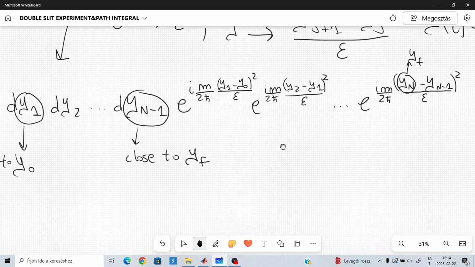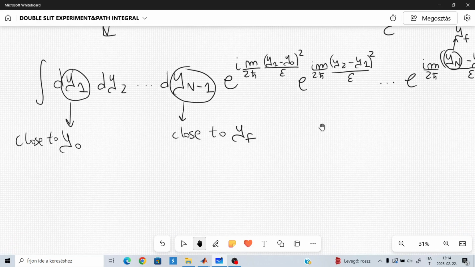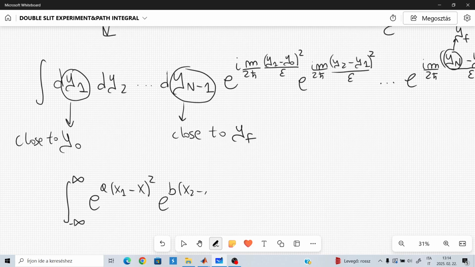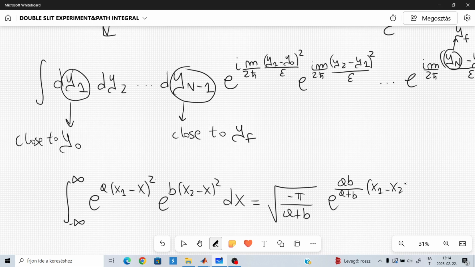Now we can carry out these integrations, but in order to do that, let me introduce just one formula. I will not prove it here, it is quite straightforward to prove, but I will take this for granted. So the integral from minus infinity to plus infinity of the product of two Gaussian terms of the following kind, e to the a x1 minus x squared, e to the b x2 minus x squared dx, is equal to the square root of minus pi divided by a plus b, e to the ab divided by a plus b, x1 minus x2 squared.